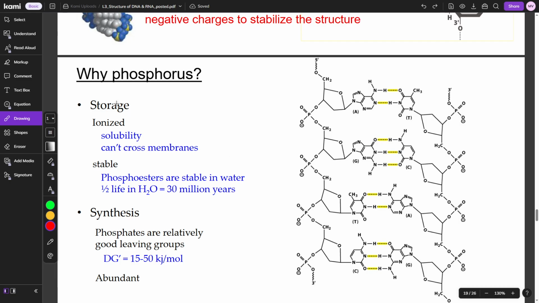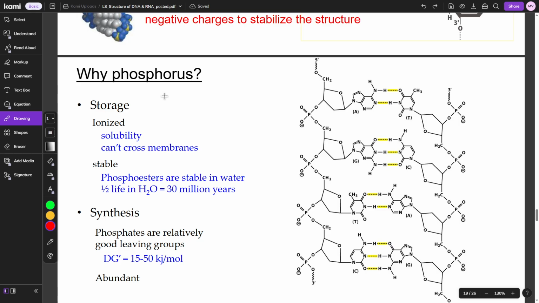And so the question is, like I said before, why phosphorus? And the answer to that is, well, first of all, you want to keep your DNA in a compact space in the nucleus, and the nucleus is a membrane-bound organelle, so to speak.